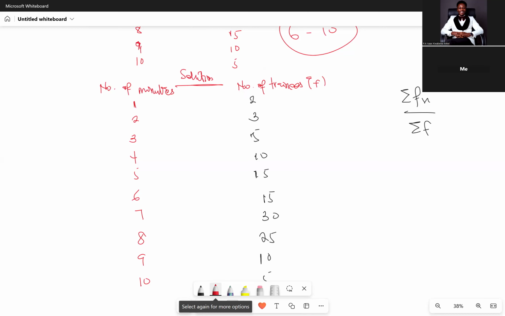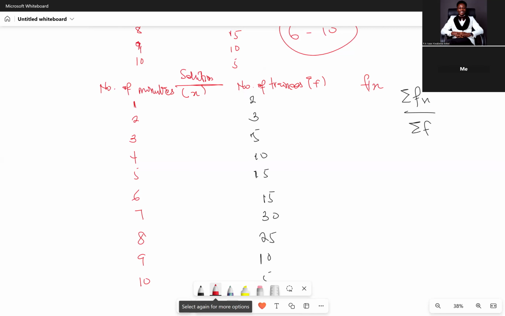And of course, I told you the x stands for the item for an ungrouped frequency distribution table. Now in the formula, you see fx, which means you have to create a column for fx.